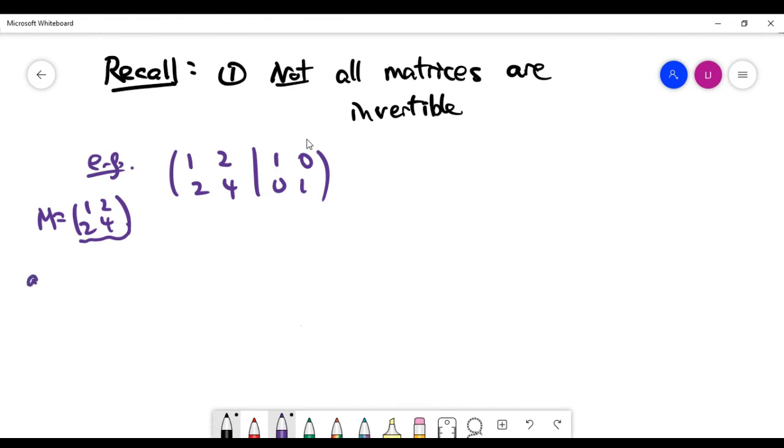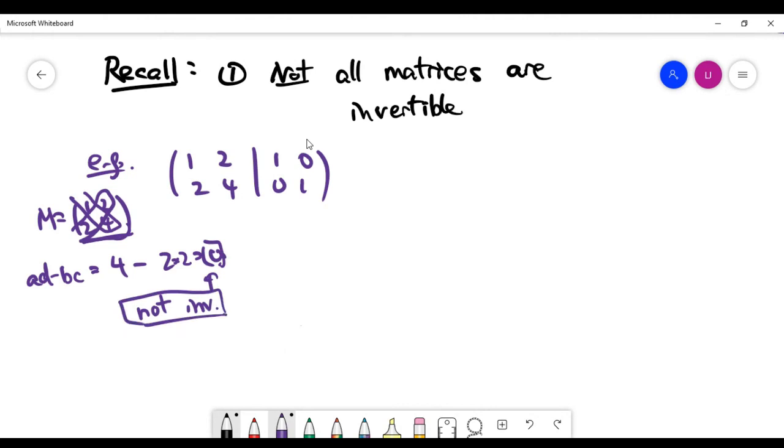Please recall that we can check AD minus BC to see whether it is an invertible matrix. AD is 4, minus BC, which is 2 by 2, so it is 0. When AD minus BC is 0, we understand that it is not an invertible matrix, which means M inverse does not exist.